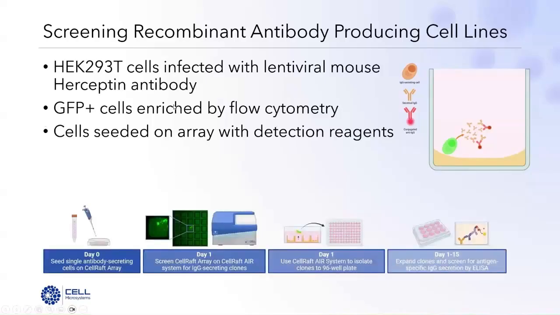In this assay, they seeded their GFP-enriched cells on the array in the presence of the detection agent. Just like before, cells were seeded, the reagent was spiked in, and the cells were assessed for RFP and GFP on the AIR system, and then over the course of several days, they were monitored for clonal propagation and then isolated for downstream expansion and characterization by ELISAs.